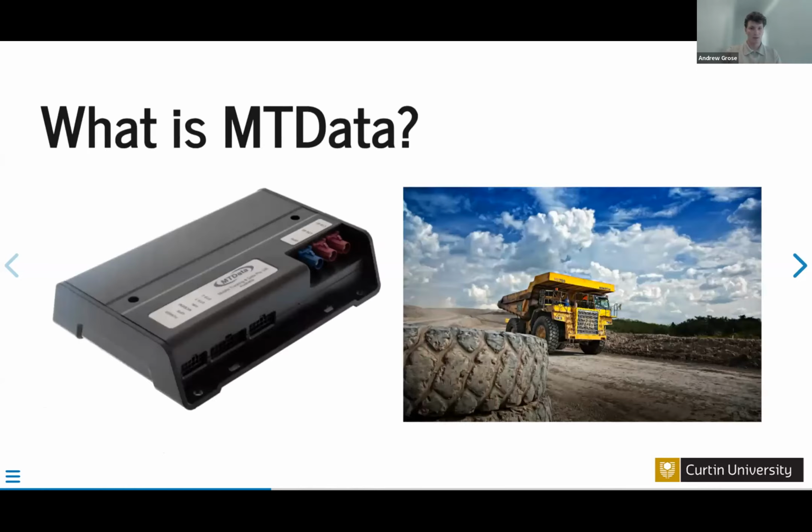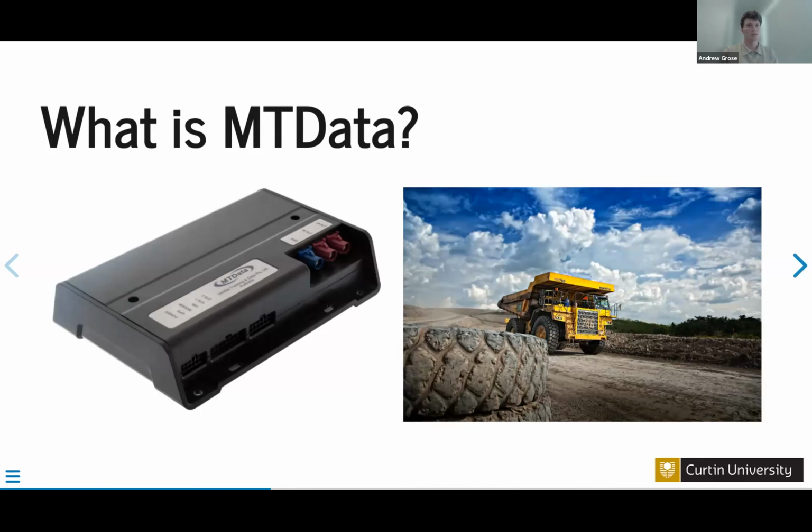So the device on the left is called the onboard unit, which connects to the vehicle's electronic system, and then it transmits data through Telstra's cellular network.